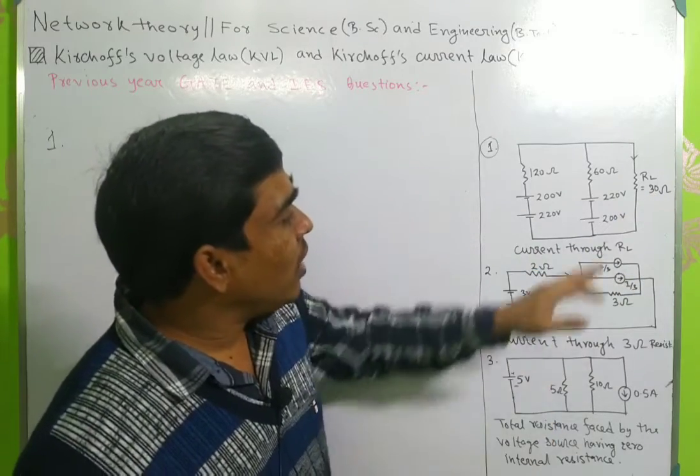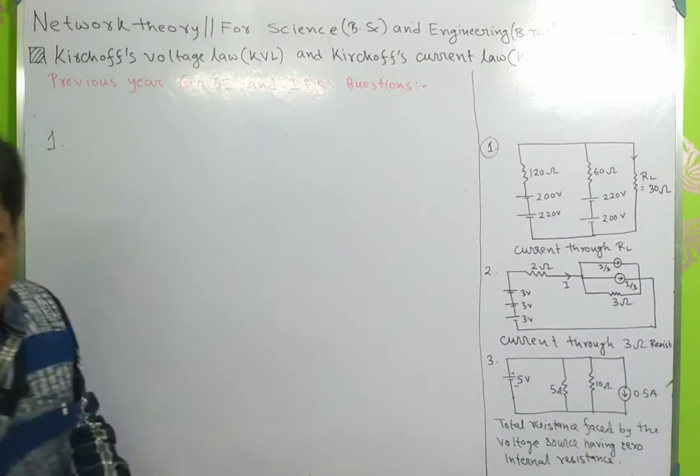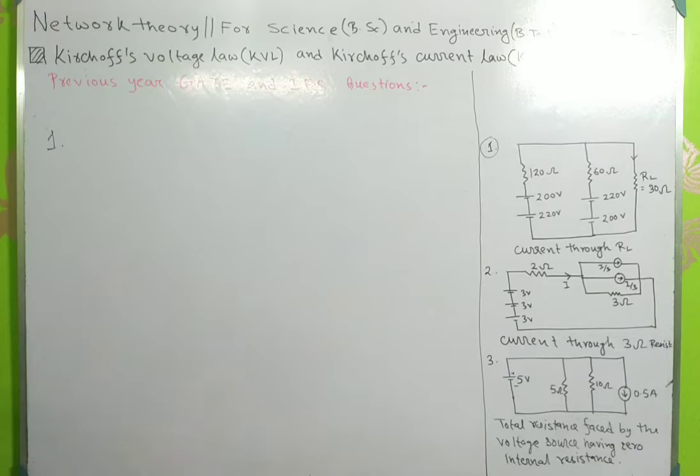So you have to calculate the current through this 30 ohm resistance.